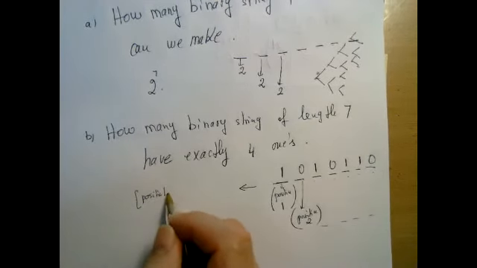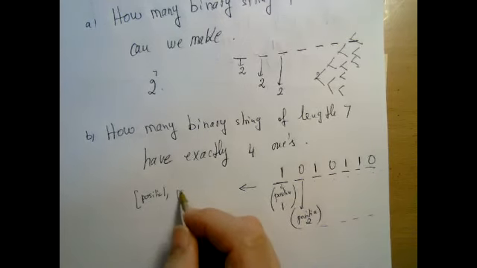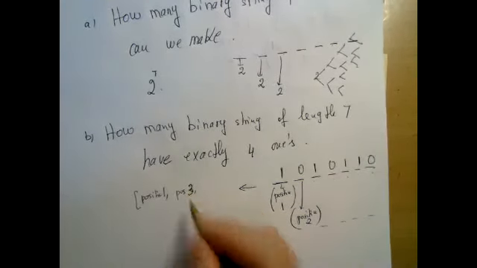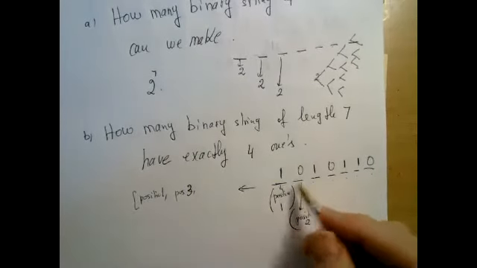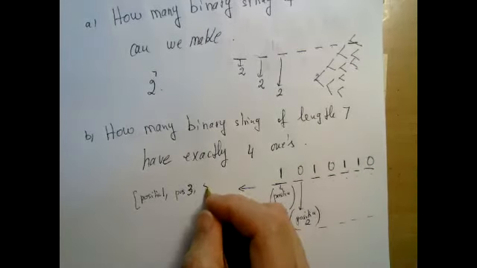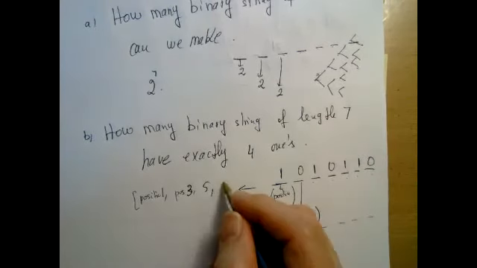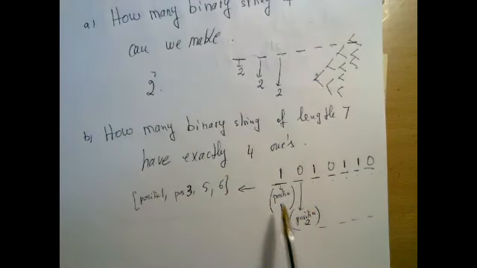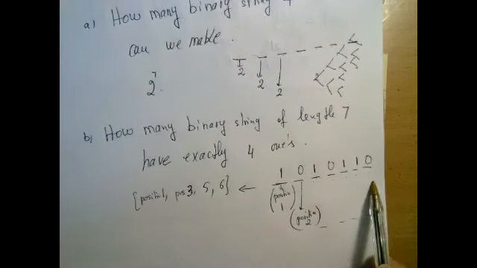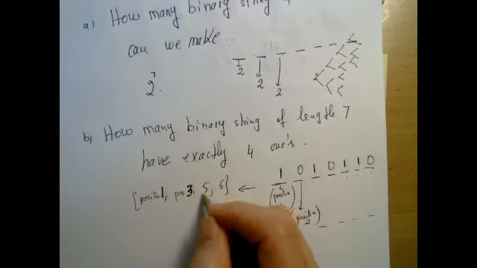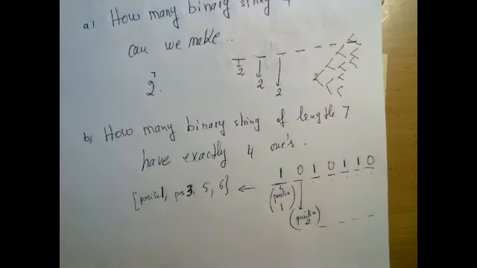They are in position 1, position 3, position 5, and position 6. If my 1s are located this way, they are in position 1, position 3, position 5, position 6.